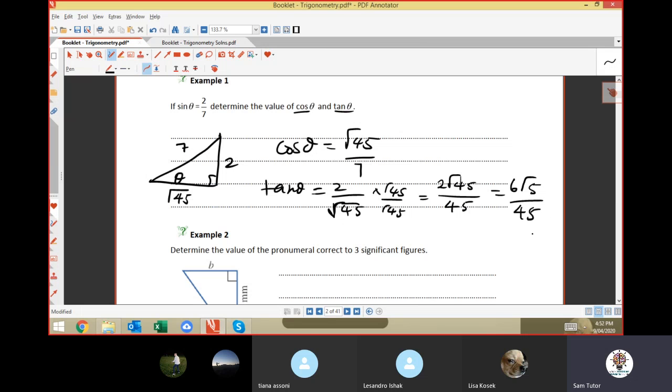And that should be the answer. Can that get simplified? Yes, 6 over 3 root 5 gets divided by 3. And that is pretty much the perfect answer that you would be looking for. You can't do anything else to that. And obviously root 45 up here, same thing can be written as 3 root 5 on 7.